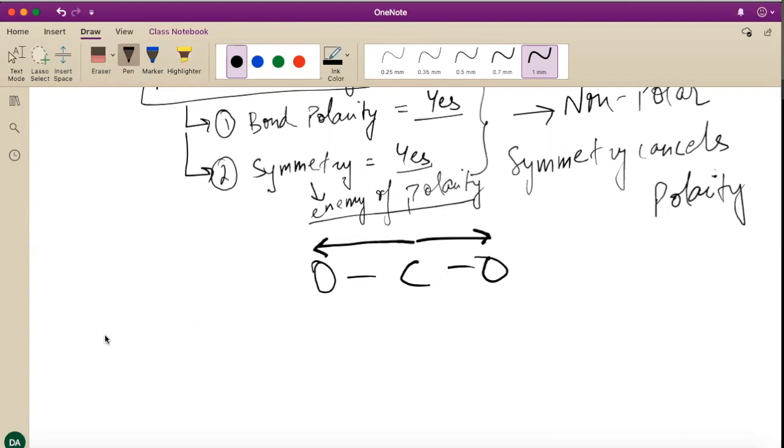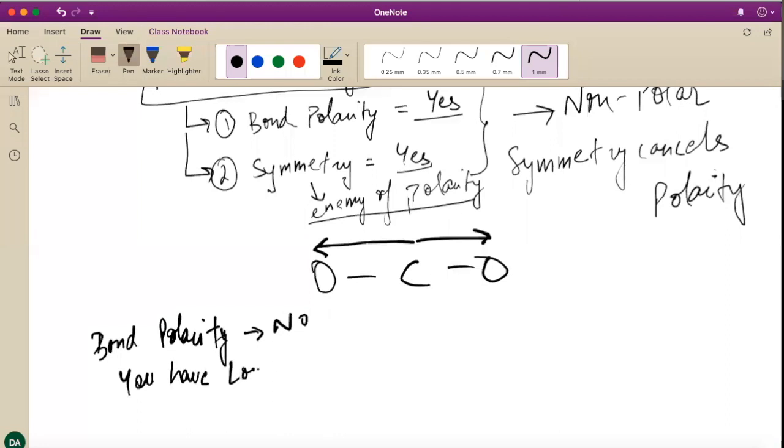Okay, so let me write that down. If the bond polarity is no, and there is a lone pair, you have a lone pair on the central atom, okay?